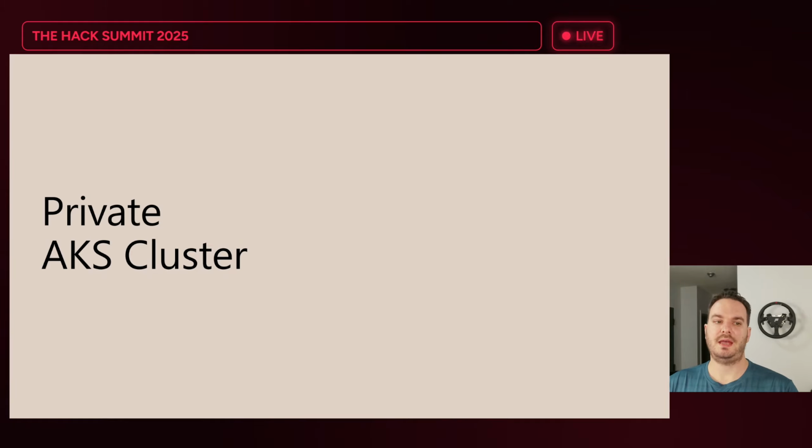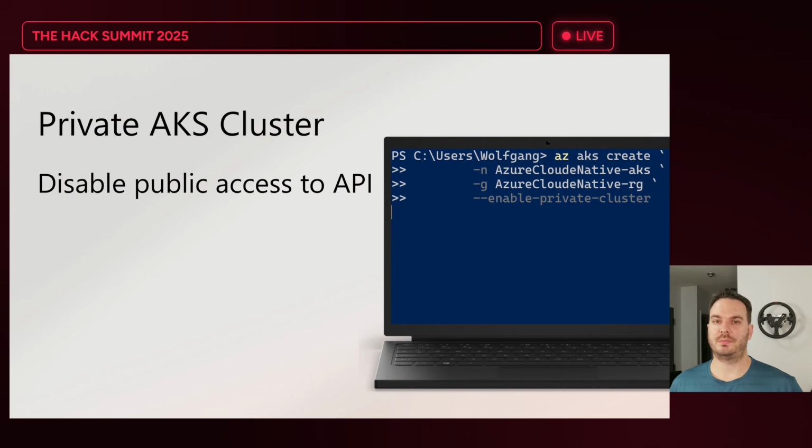Next up, we have our private AKS cluster. And this can be a bit confusing when you talk about the wording private AKS cluster. All it means is that the API of the master node will only be available over a private connection. Technically, this means that AKS creates a private endpoint and then attaches this private endpoint to the AKS VNet.